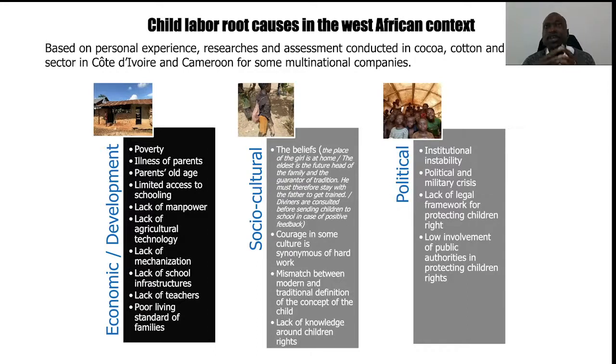When we take poverty, it's at several levels. First of all, at the country level itself, you know that most of the Western African countries, many of them, Ivory Coast, Mali, Burkina Faso, Guinea, Ghana, are undeveloped countries. They are poor countries.